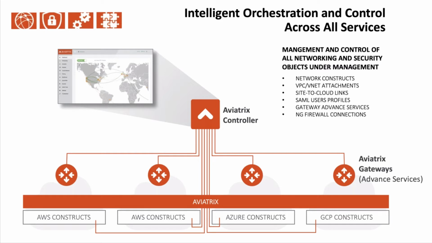And the controller is essentially keeping track of everything that it has under management. So this could be the networking constructs, it could be the security constructs, it could be the SAML user profiles, the next generation firewall connections. All of these things are known to the controller and have the ability to provide capabilities for operational management.